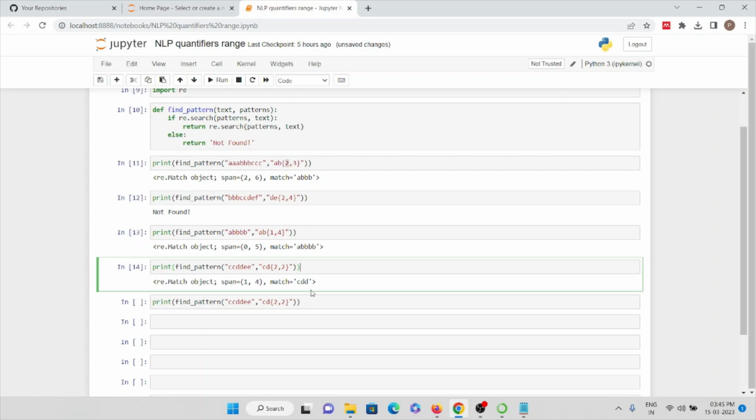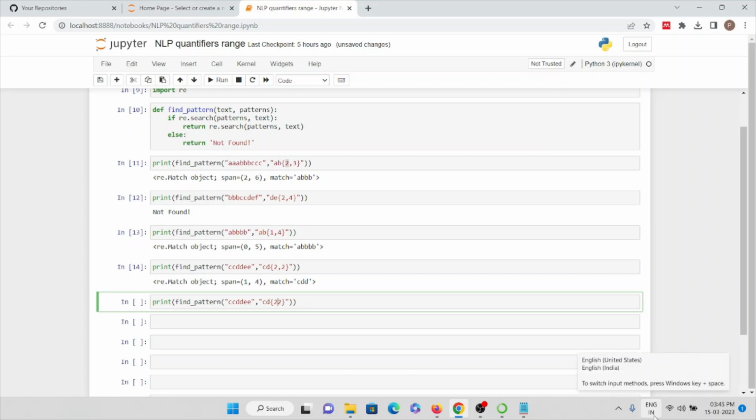For that we have already got this much. So I will just remove any one of them. Okay. So here I have given CD, and 2 will be the exact number.